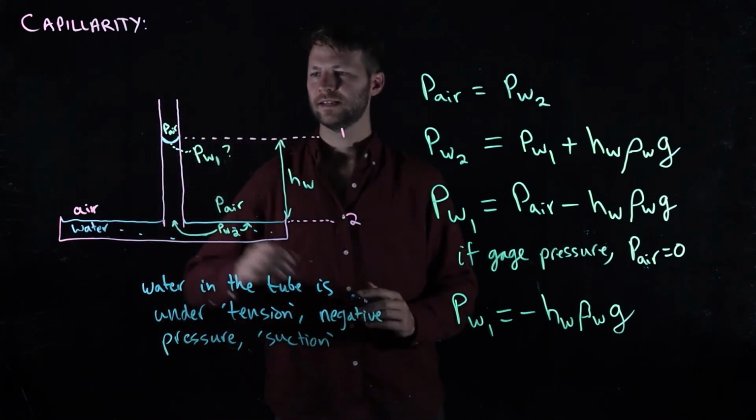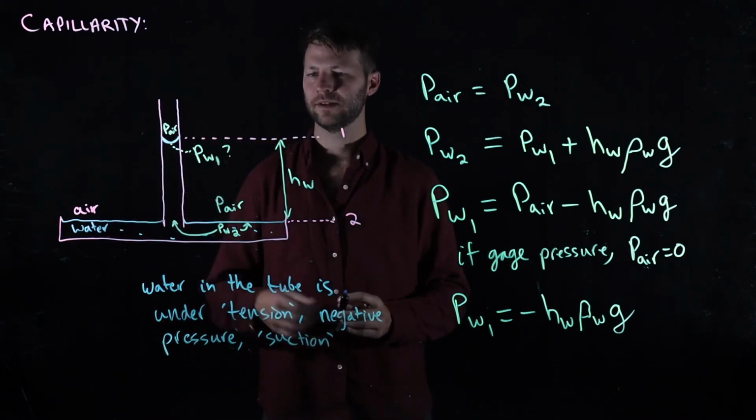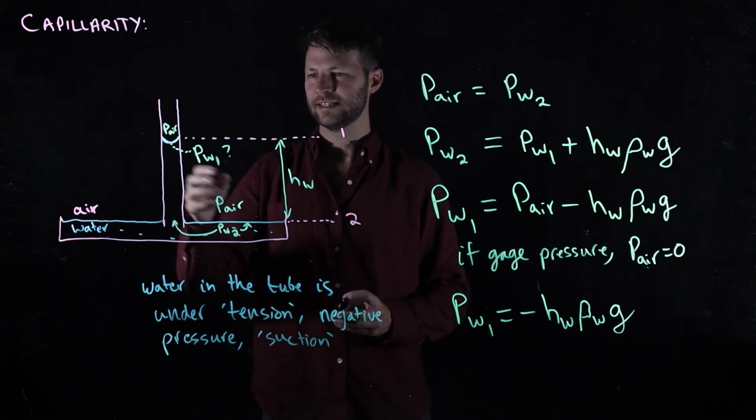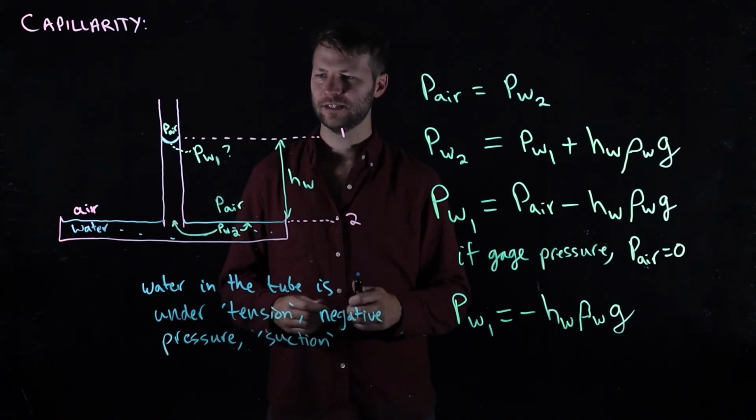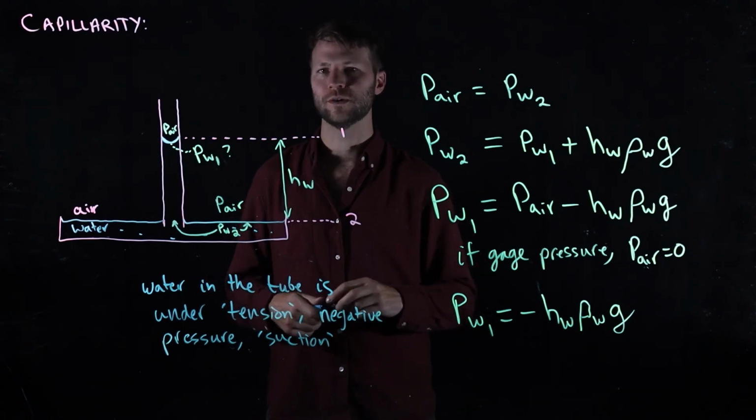And so that's what this analysis of the capillary tube reveals, that water can exist under tension, and it can have a pressure lower than atmospheric.